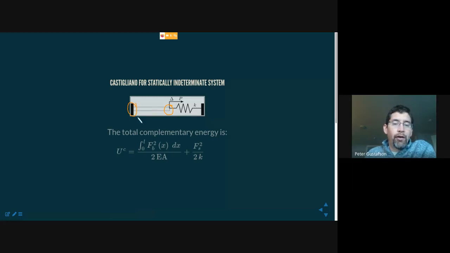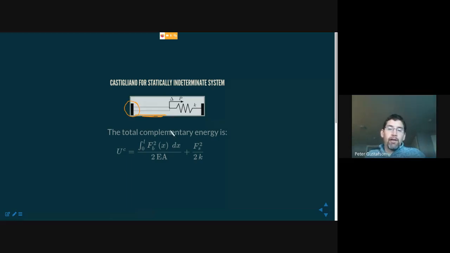I think you were referring to this other end, though. Keep in mind that Castigliano's method only allows us to calculate the displacement at the point of application of the load. So we don't actually know anything about the deflection anywhere else in the beam, except maybe, to Nicole's point, the boundary condition. We can make a statement of it.